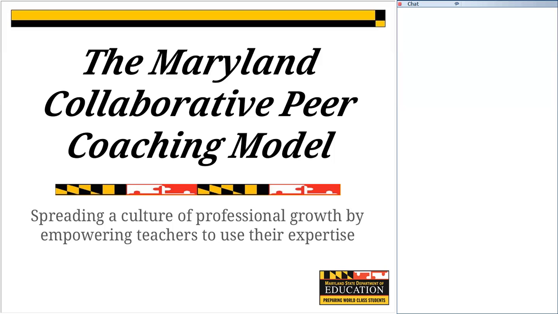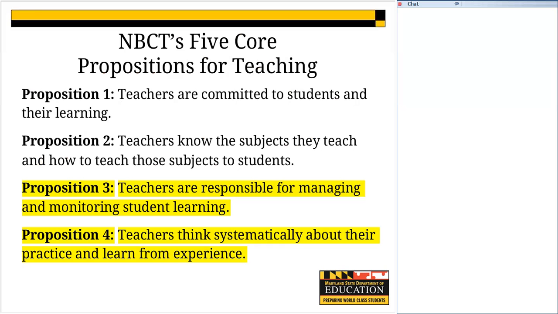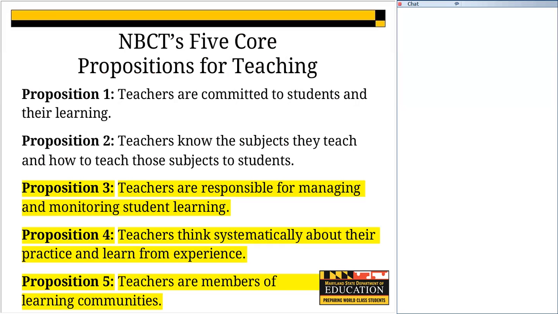So this whole idea started from the grassroots level, from classroom teachers, coaches, and people who work with new teachers as well. And since then has expanded, and I will discuss that a little bit later. So our whole coaching model is framed around the 5 core propositions for teaching from the National Board for Certified Teachers. And obviously Proposition 1 and 2 are given, but we're really focused on Propositions 3 through 5.